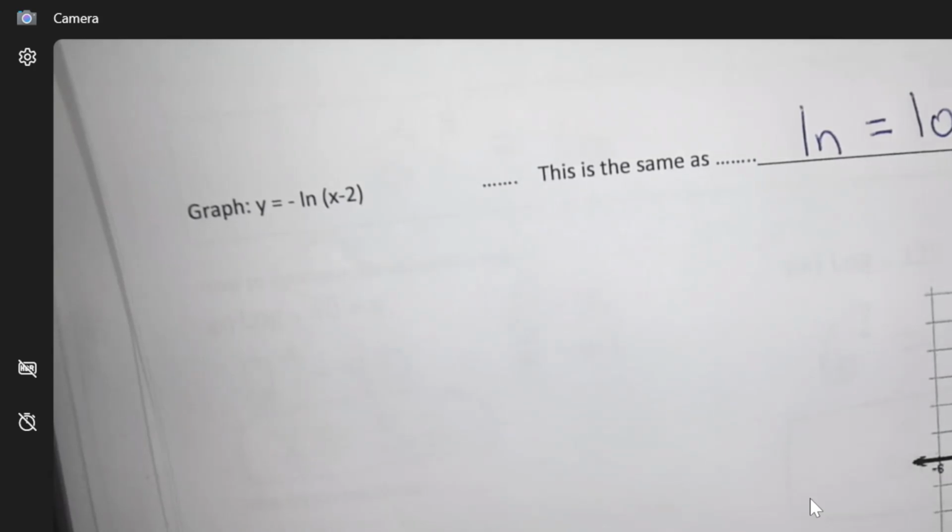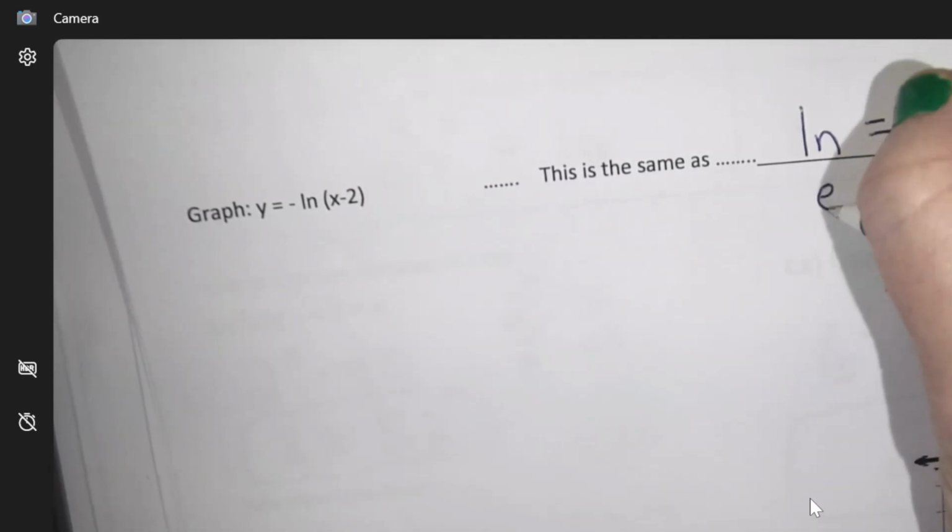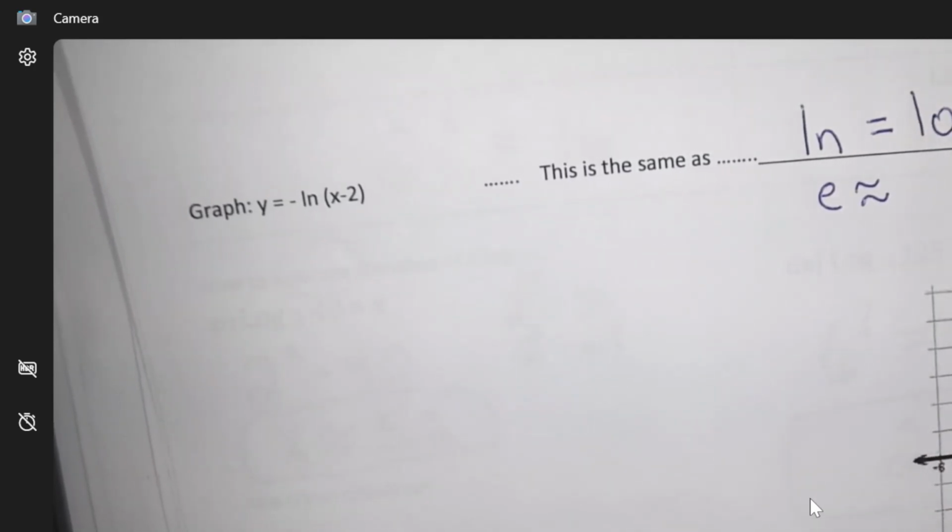E is the same kind of idea. E has a value. Can anybody see if they can discover the number value for what e is? It's kind of like pi. Pi is about 3.14.